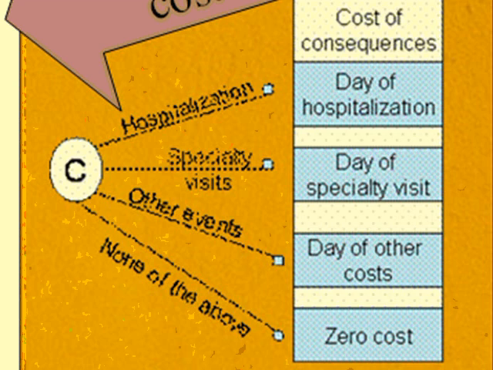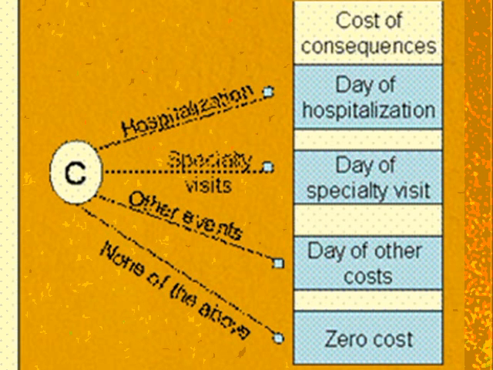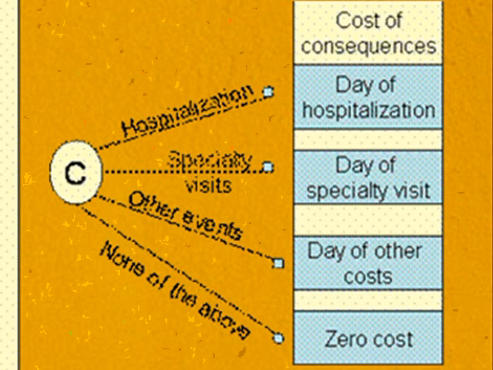This node is broken into a more detailed tree. For example, we are assuming that after the clinic visit, the patient may be hospitalized or sent to the specialist. In addition, the figure has a placeholder for other major events that might occur as a consequence of the clinic visit. Finally, to make the list of possible events complete, we need to also include the situations where none of the major events imagined will happen.